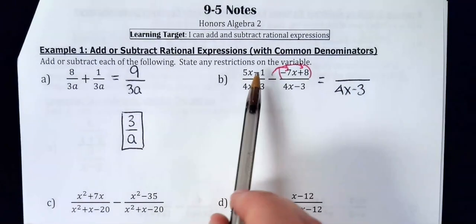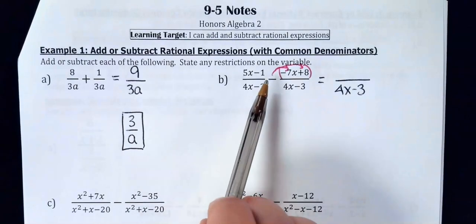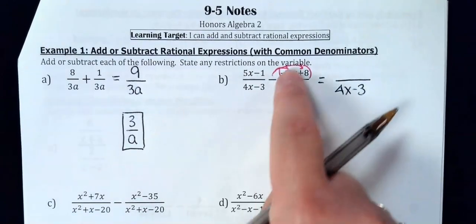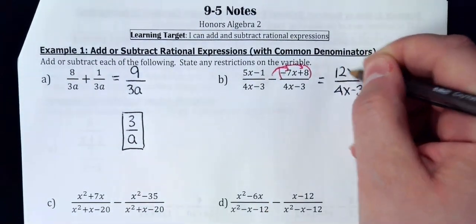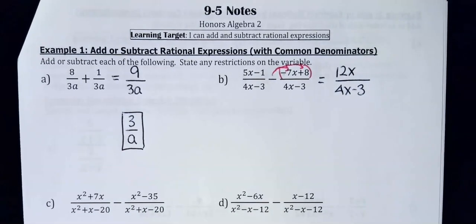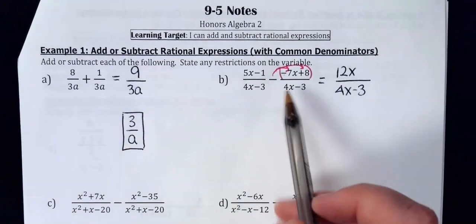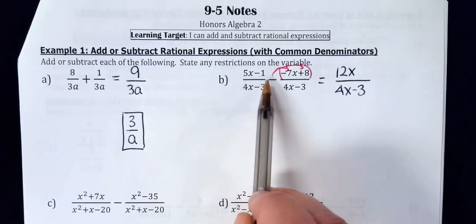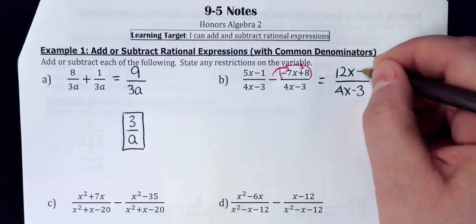I'd have 5x, but then it would be minus a negative 7x. So 5x minus a negative 7x is actually 5x plus 7x. Combining those like terms, I'd have 12x. For my numbers, I have negative 1 minus a positive 8, so negative 1 minus 8, which would be negative 9.